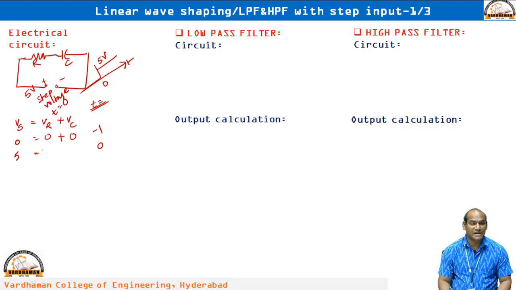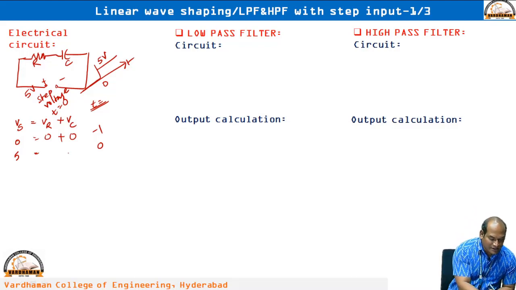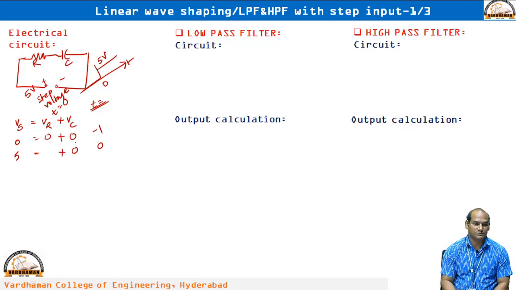In our beginning classes I told you that a capacitor does not allow sudden changes in voltages. Suddenly we have provided 5 volts at t is equal to 0, so the capacitor will not take this. Whatever voltage was there previously, that is 0 volts, will be maintained as it is. That means the capacitor voltage now is also 0 only.